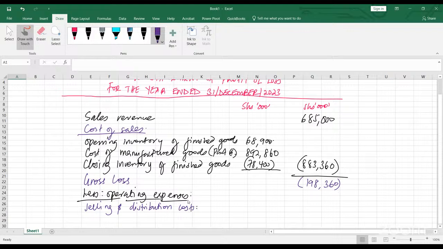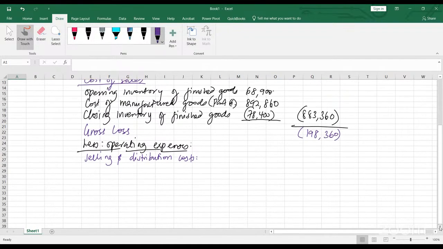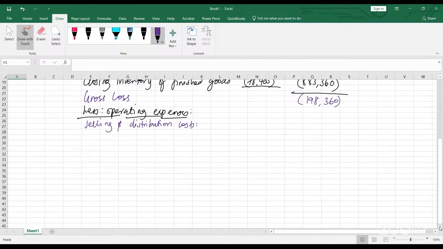So under selling and distribution costs, what do we have? Members, check the trial balance. Let me take you back to the question briefly.